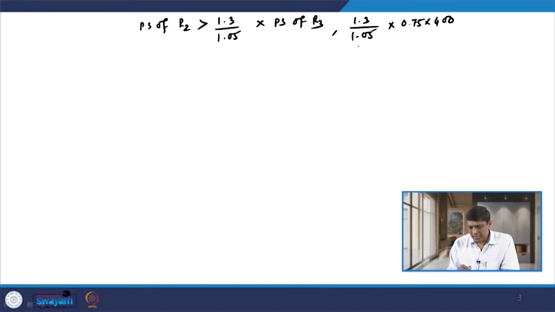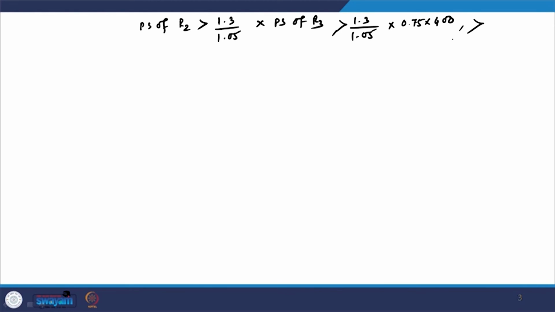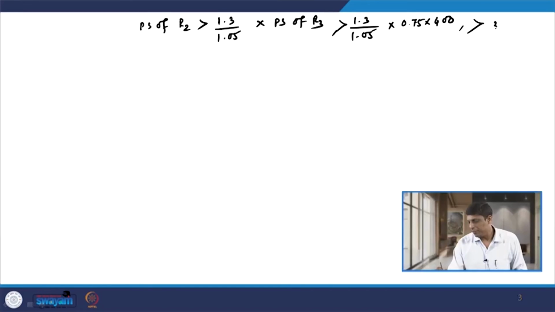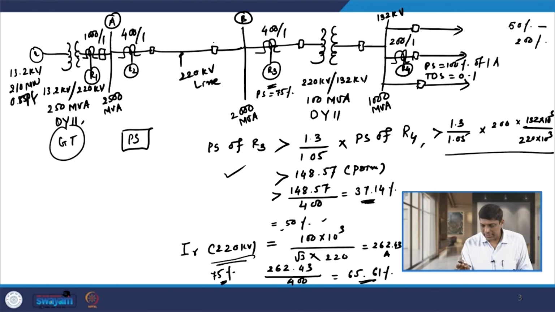If I solve this, the value comes out to be roughly 371.42 ampere. If I reproduce it on the secondary side of R2, the CT ratio of R2 is 400 by 1.